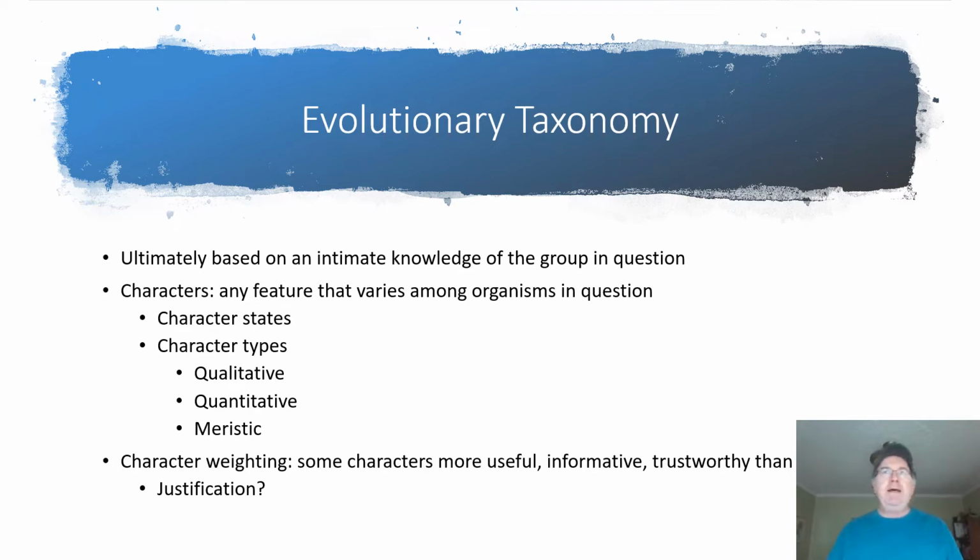The most important limiting factor, if there is one, is that these characteristics must be heritable. If we're talking about environmentally induced differences amongst organisms due to solar insolation, rainfall, any of these kinds of things, at least that immediate manifestation of those environmental differences is not what we're interested in.